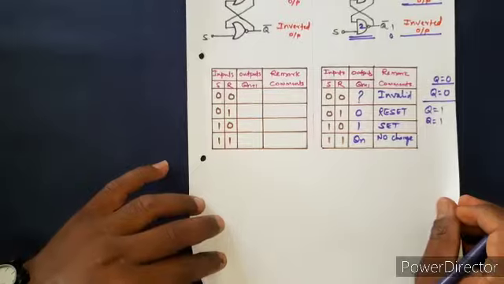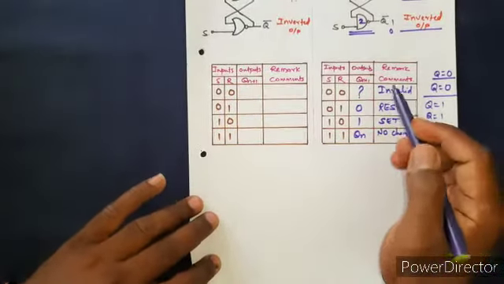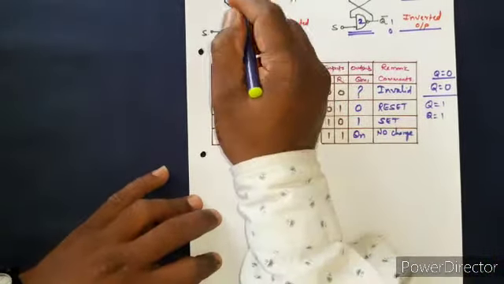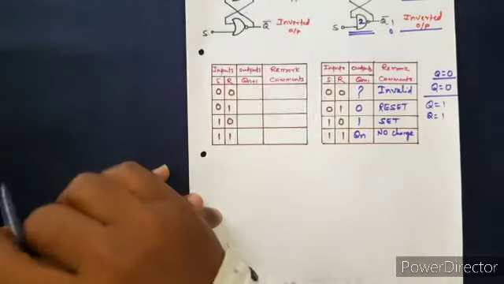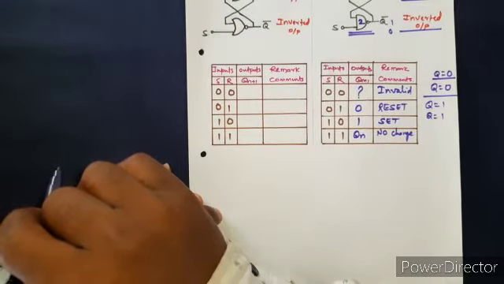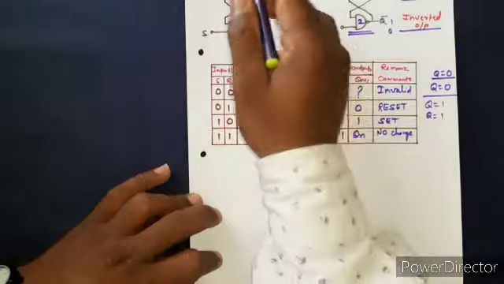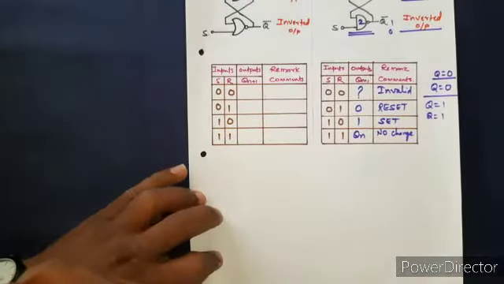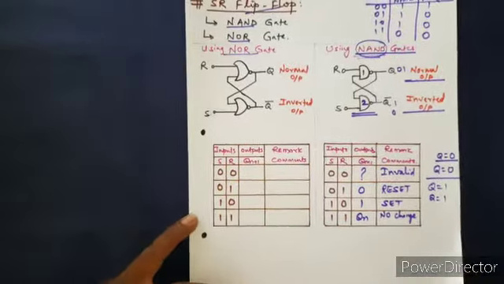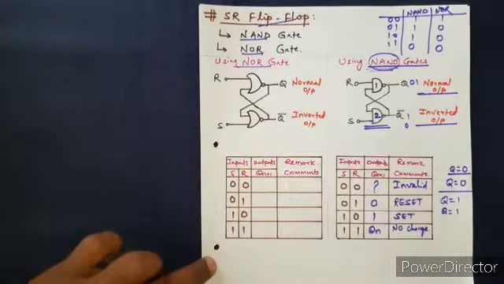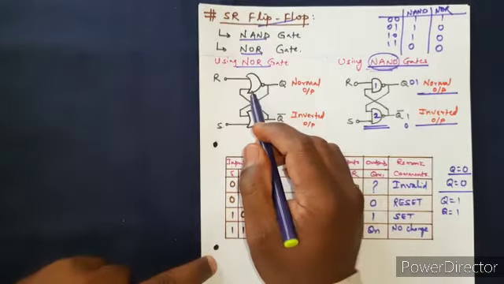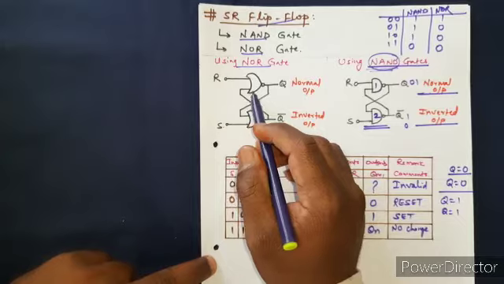All right. Now I had asked you to try to understand this concept of SR flip-flop using NOR gate. Here the NOR gate is used. Still it is an inverter.